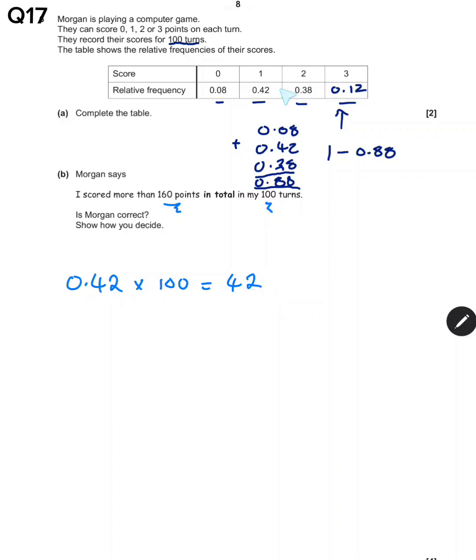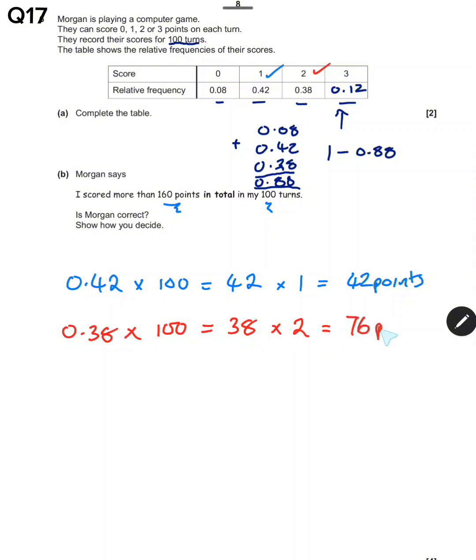So they got 1 point 42 times, so I'm going to multiply that by 1. If we look at how many times they got 2 points, I'll just do 0.38 times 100, and that's going to tell me how many times they got 2 points. For total points, I'll multiply by 2, and 2 times 38 is 76.